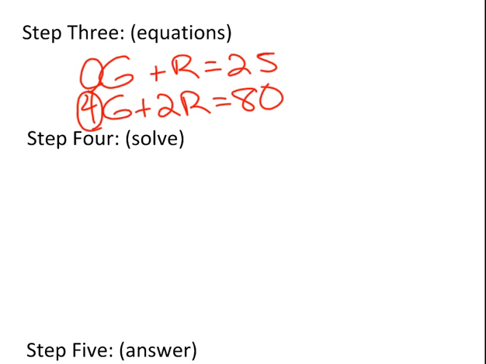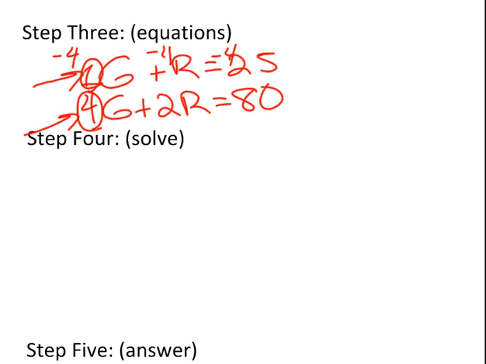So I need to turn this number into a 4, but it has to be negative. So I've got 1. I need negative 4. So I'm going to multiply the top equation by negative 4. And this is a 1, by the way, not a 0, just in case you're wondering. So I need to multiply the top equation by negative 4.